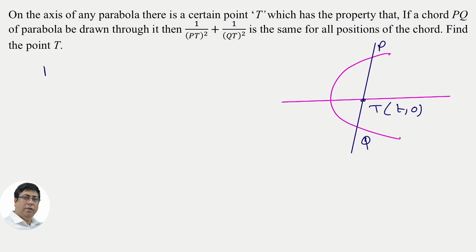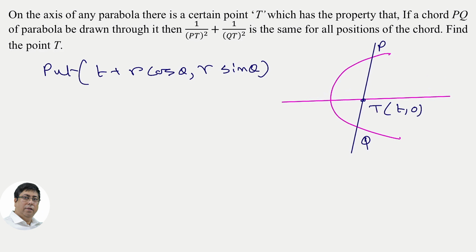Put (t plus R cos theta, R sin theta) using the symmetrical form in the equation of the parabola.